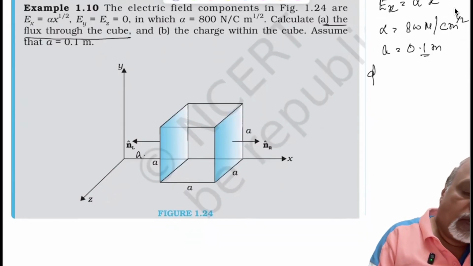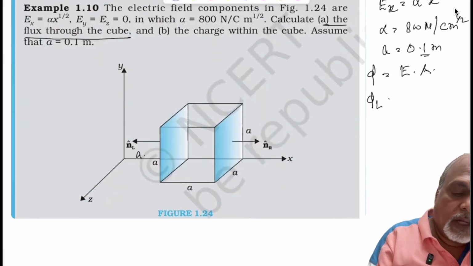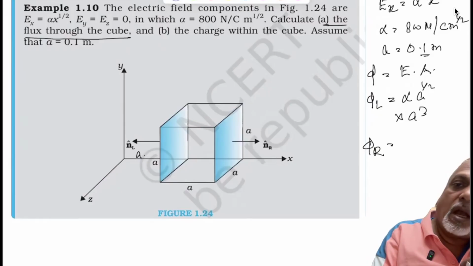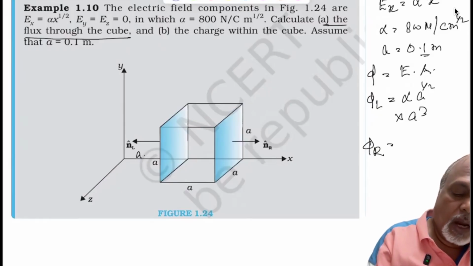What is flux? Flux is nothing but E into A. Flux at the left side entering into the cube will be E. What is E? Alpha, here the distance of x is a^(1/2), into a cube. What is the flux going outside the cube? Alpha, but here the x value is 2a, into a square.